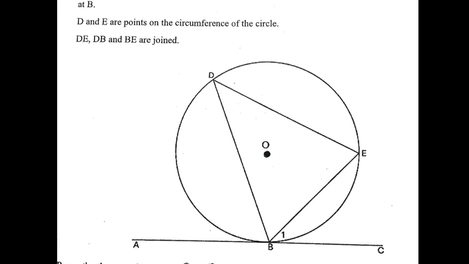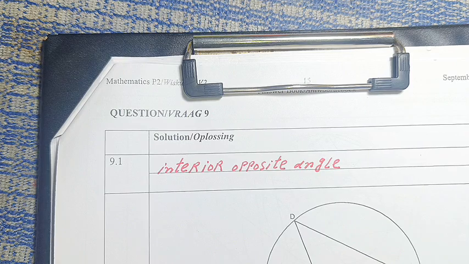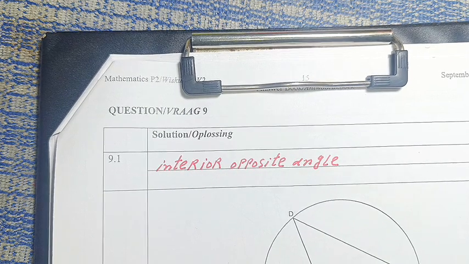We need to prove angle EBC, which means angle B1, is equal to angle D. Now the second question, I need to prove the tan chord theorem. I'll show you how.